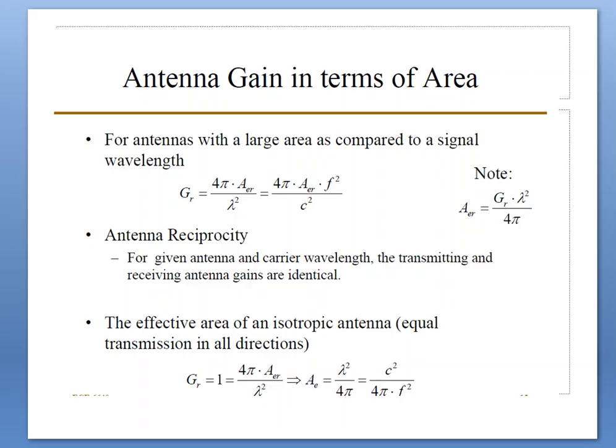Again I repeat, based upon antenna reciprocity, the transmitting and receiving antennas are identical. So the value of G equal to 1 is equal to 4 pi effective area divided by lambda square. Now, the effective area is equal to lambda square by 4 pi, and it can be expressed as c square by 4 pi f square.